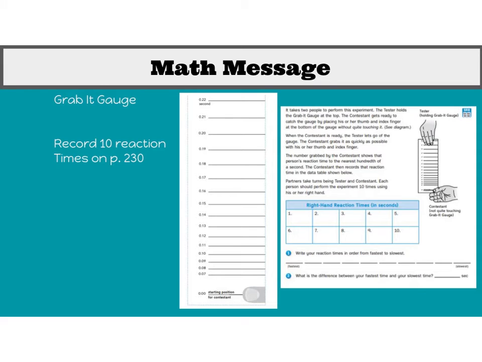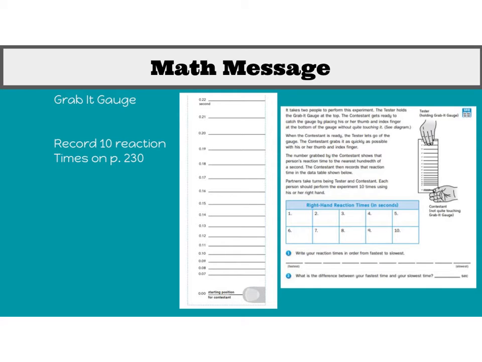So for your math message today, you are going to be performing a task in class where you're going to use what is called a grab-it gauge. And you're going to record 10 reaction times on page 230 in your student math journal.